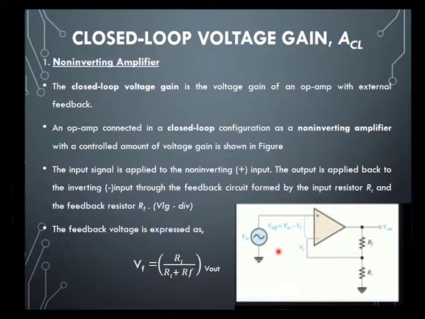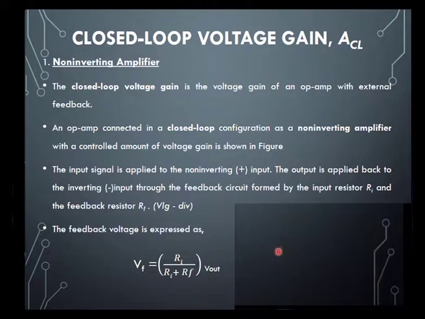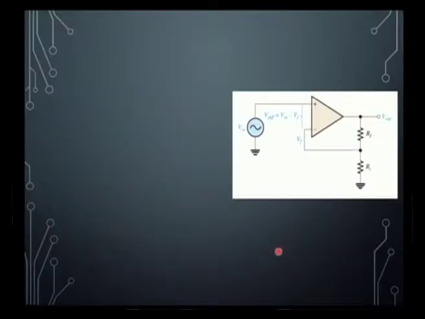Next we are going to derive the non-inverting closed loop voltage gain. How are we going to find the closed loop voltage gain? First thing is we know the differential voltage. The differential voltage here is the difference of the input voltage and the feedback voltage, and this differential voltage is fed to the op-amp to amplify it.